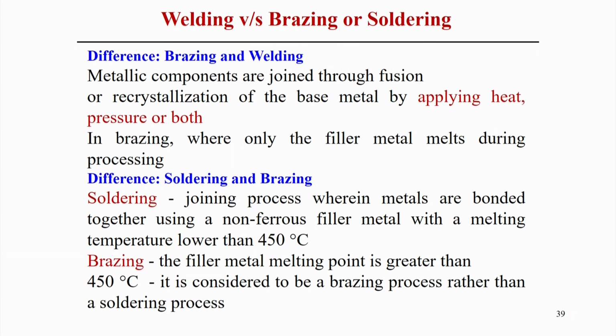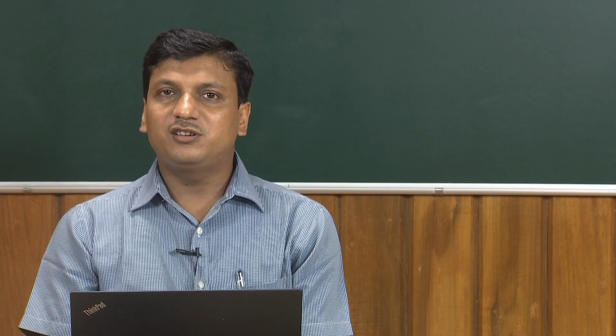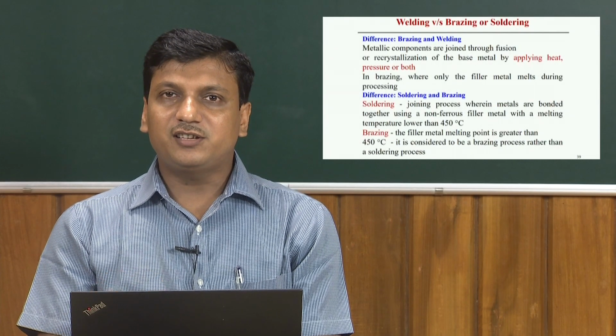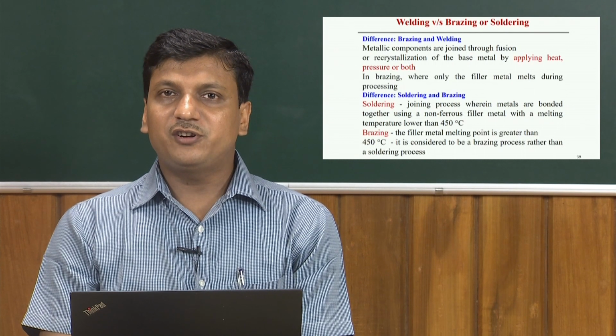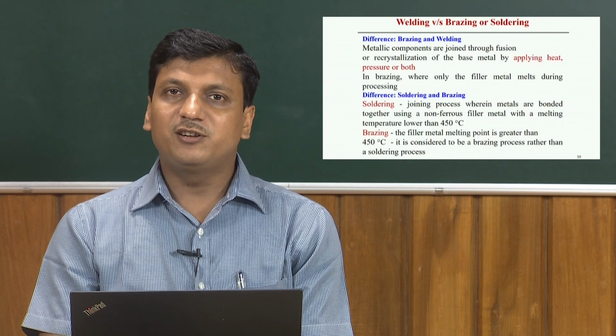But at the same time, the mechanism of brazing is the same, maybe the filler material is different, since it can be operated above 450 degree centigrade. So, in soldering and brazing we use filler materials having different melting point temperatures.